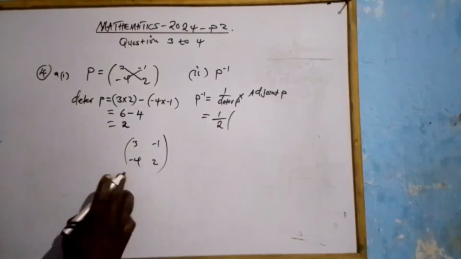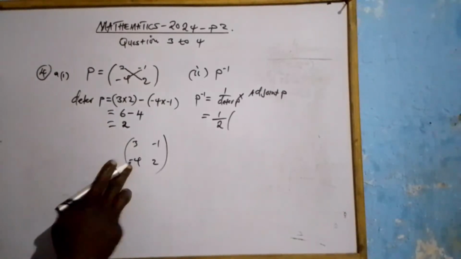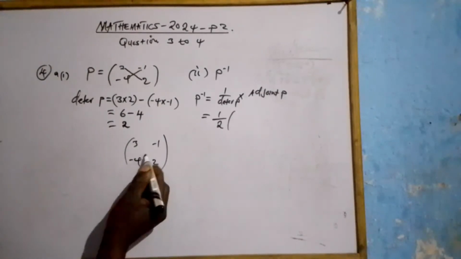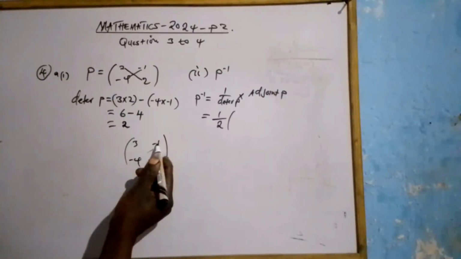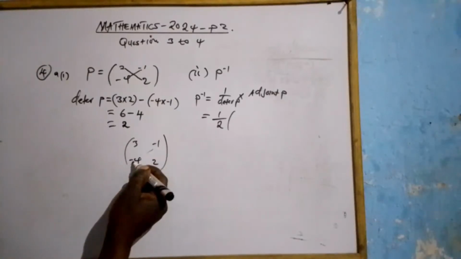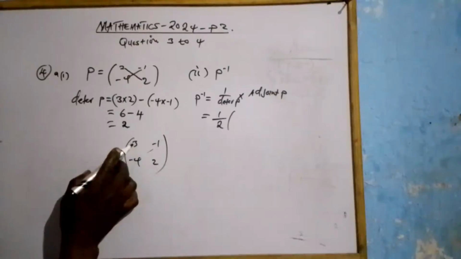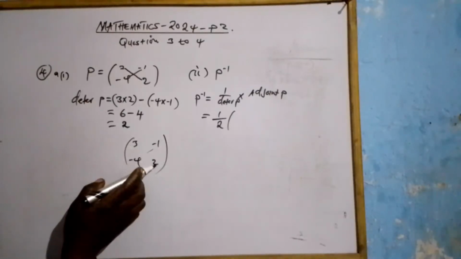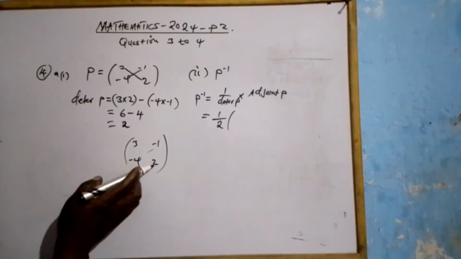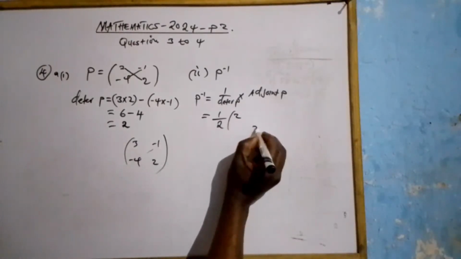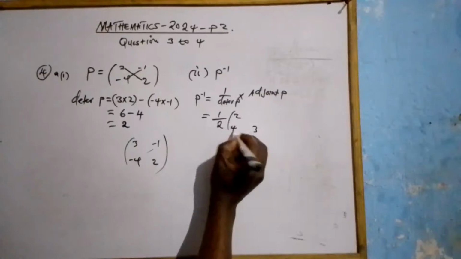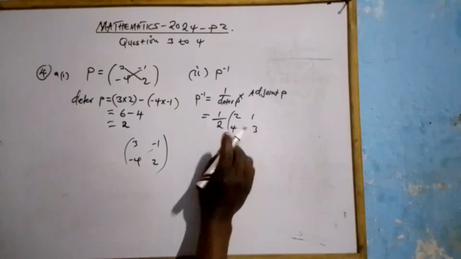For the adjoint, the minor diagonal numbers change sign, so they will be positive, and for the major diagonal the numbers swap: 2 goes up, 3 comes down, so it will be 2, 3, 4, 1. This is the adjoint.